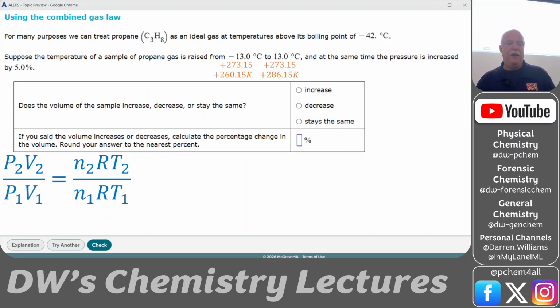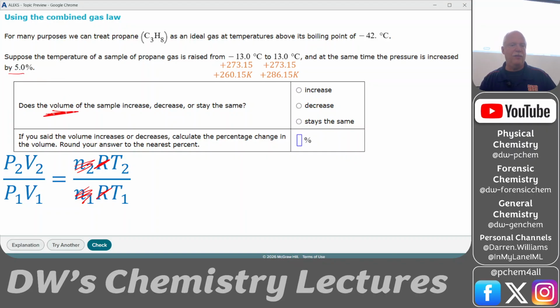Okay, and then we got the ideal gas law. And so let's cancel all the things that don't change, right? So we've got a temperature change, but the gas constant did not change. We're assuming that the amount of substance didn't change, okay? And so what are we looking at? Suppose the temperature of the gas has raised, and at the same time the pressure is increased by 5%.